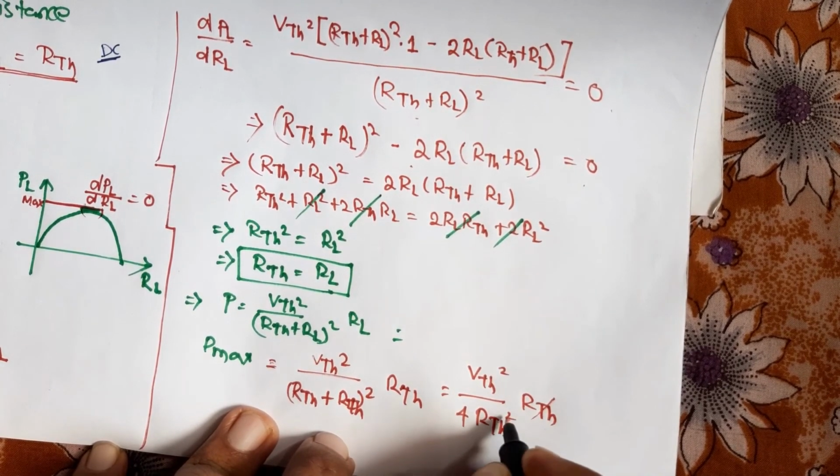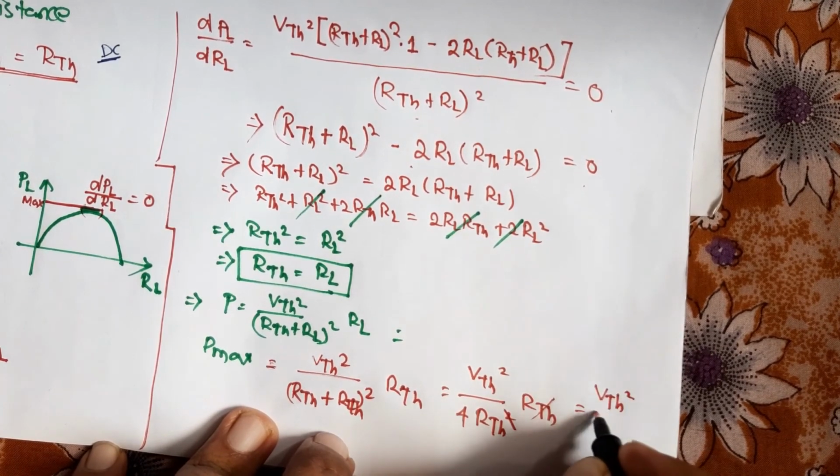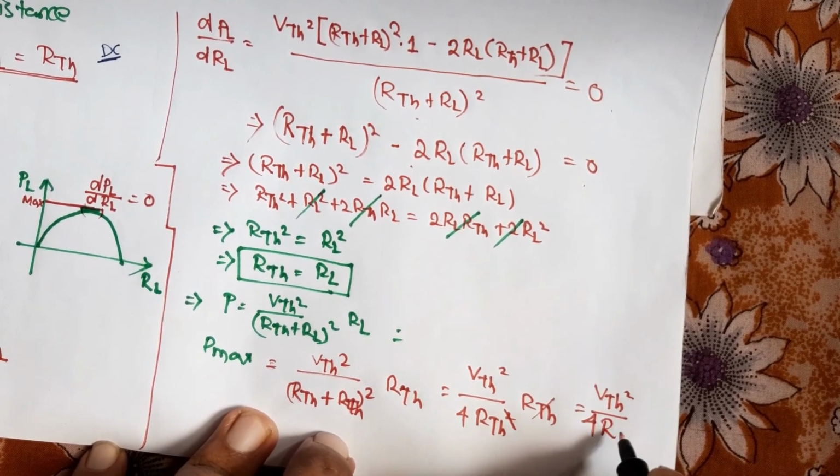Cancelling, the final answer is VTH square divided by 4 RTH.